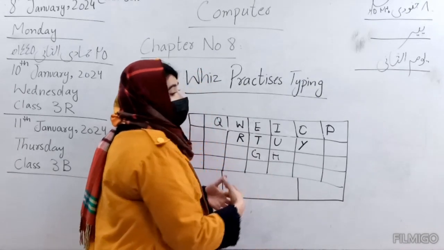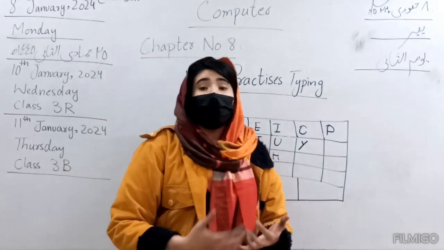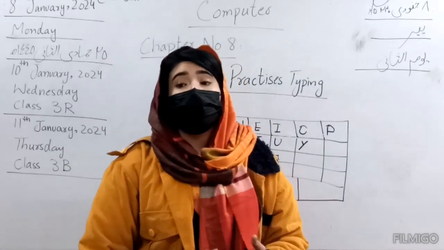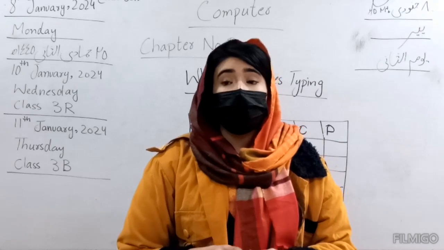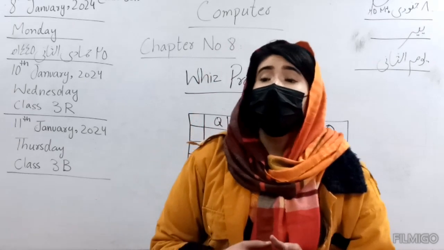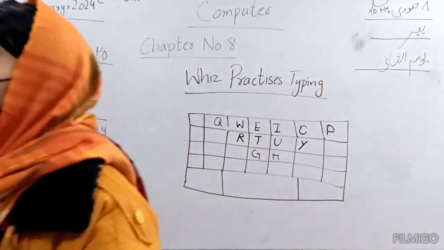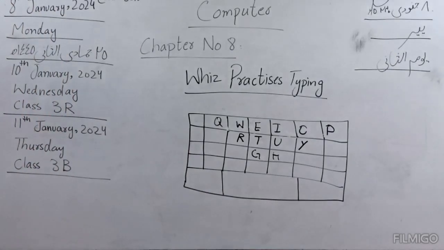Now these are all the steps to start our typing. So you can easily position your fingers, and then you can easily type your words which you want to enter in your computer. Just like you want to create a document, if you know which finger is used for which key, you can easily place your fingers on the keys which you want to type, and this also takes less time to make a document.